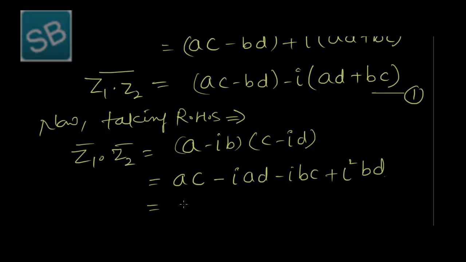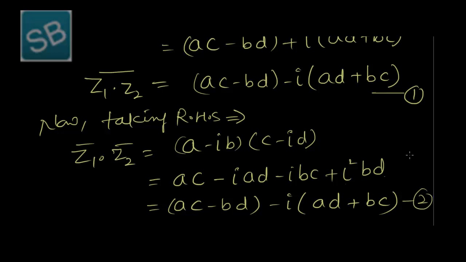So it gives AC minus BD, again taking iota square equal to minus 1 here, and now taking the minus iota common, we get (AD plus BC). This is number 2. So from 1 and 2 we can judge the result.